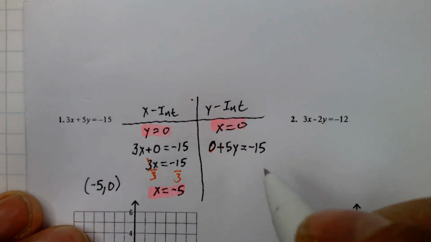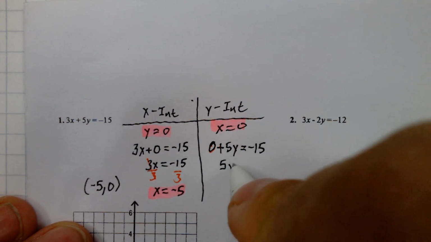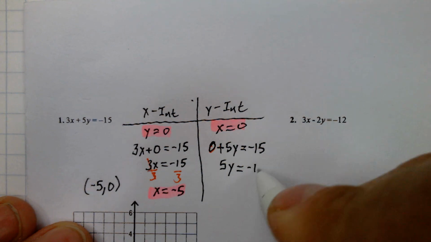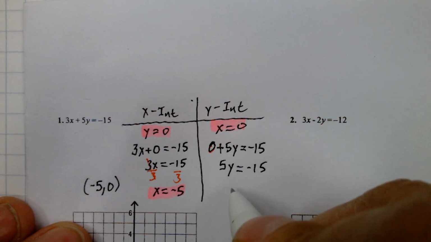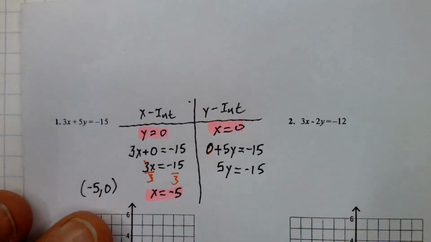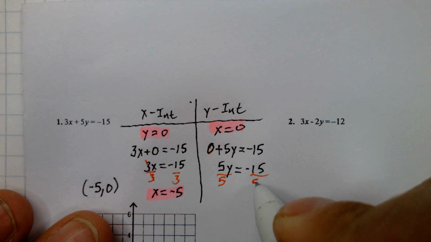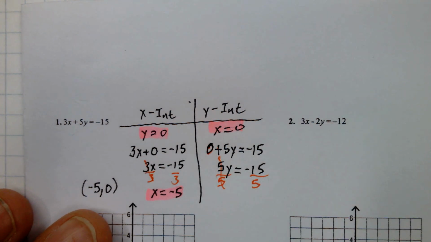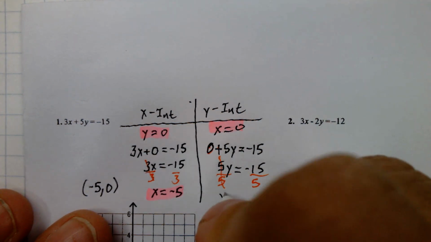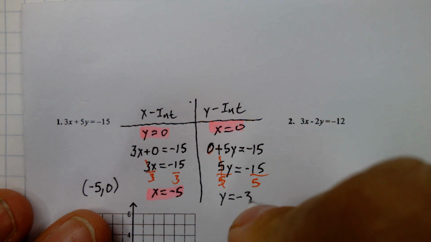Remember, I can rewrite this, since it's plus 5y, I'm going to put positive 5y equals -15. What does y equal? -3, I think. Let's test it out. Divide by 5. To solve the equation, y equals -15 divided by 5 is -3.